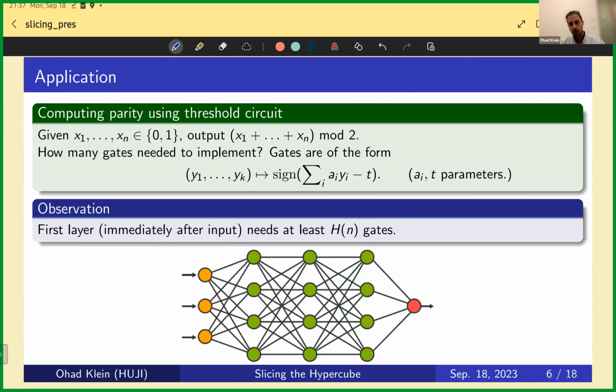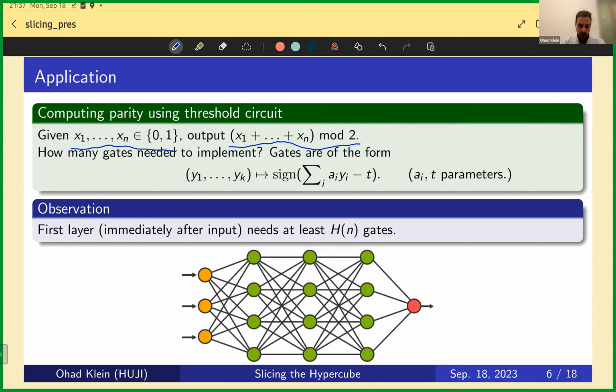So consider the problem of having some circuit that receives n bits, x1 up to xn, and it needs to output the XOR of all the input bits. So a reasonable question is, how many gates do we need in order to implement this function?